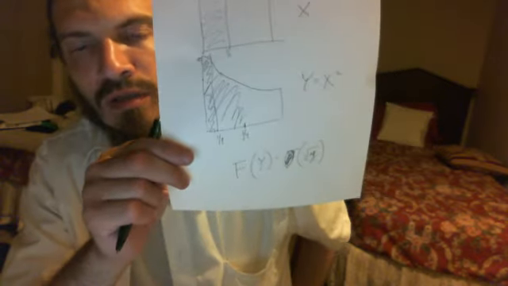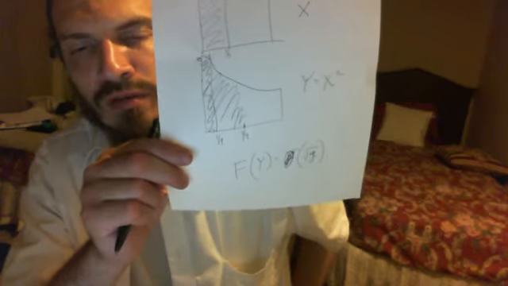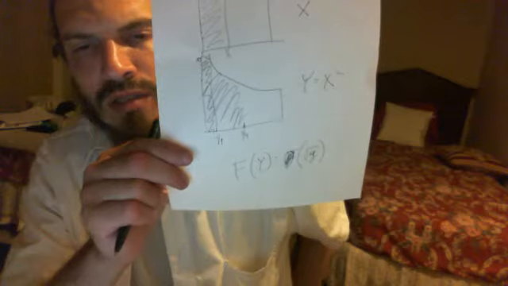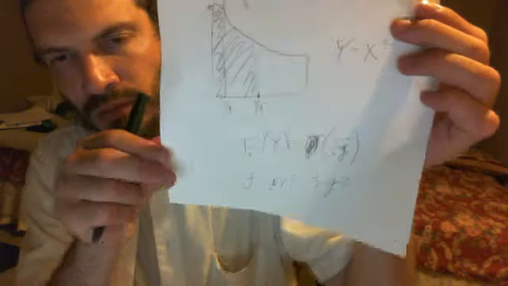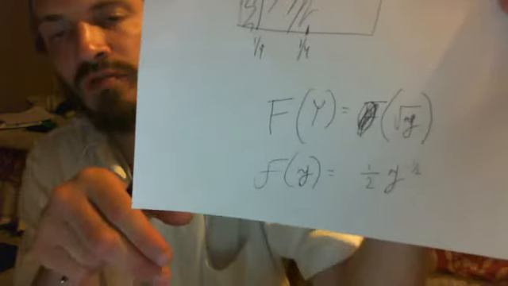And the derivative of the root of y is y to the negative a half, and that is, I'll write it down at the bottom: a half times y to the negative a half, that is the f of y.